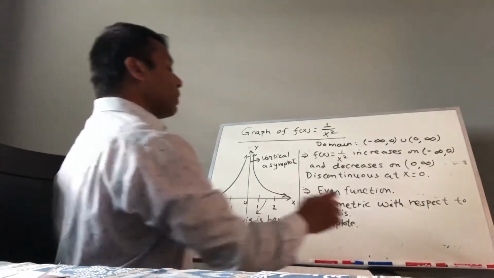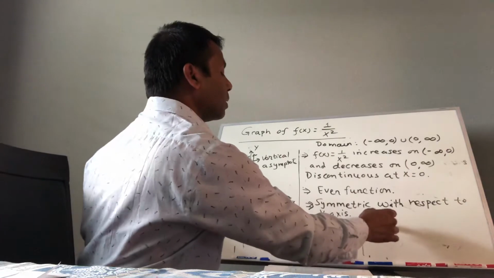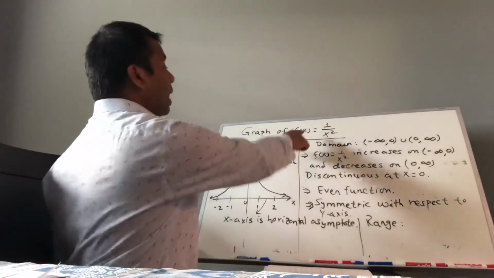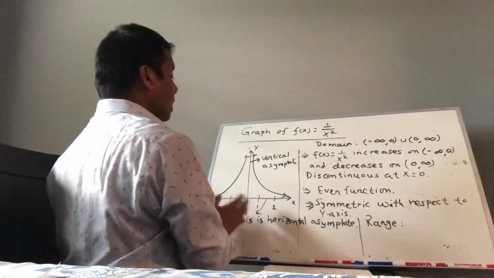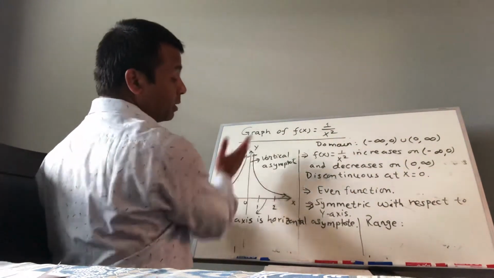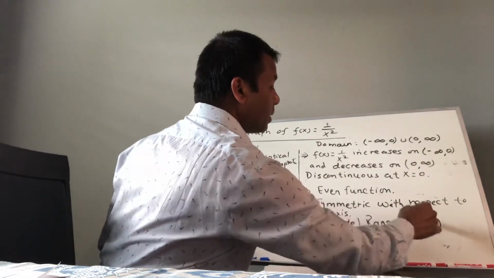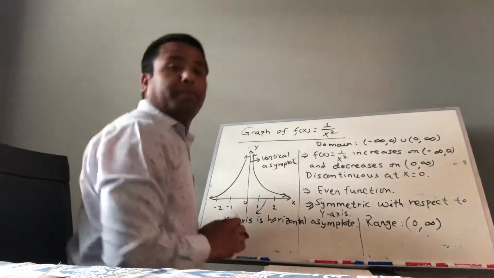And if you want to find the range of this function, the range is the set of y values, and the y value is always positive, right? The graph is above the x-axis, so the range is 0 to positive infinity.